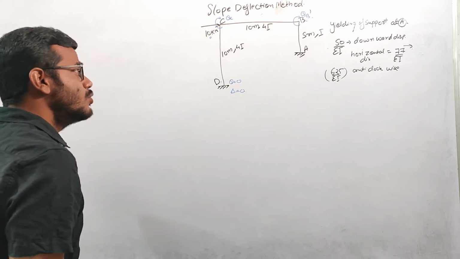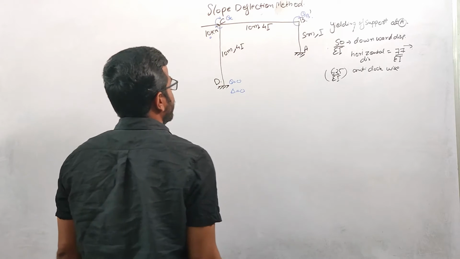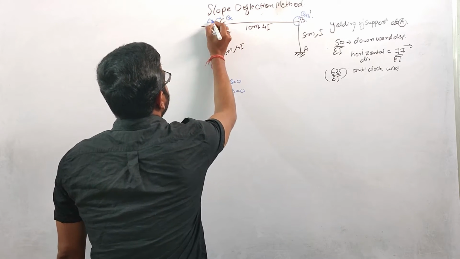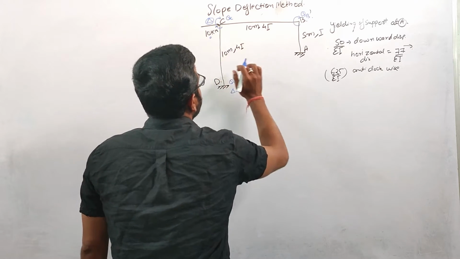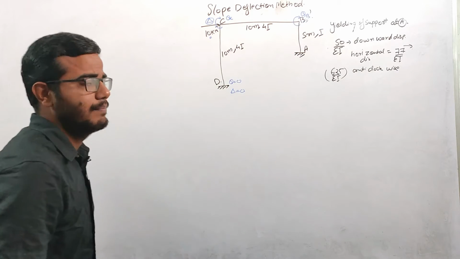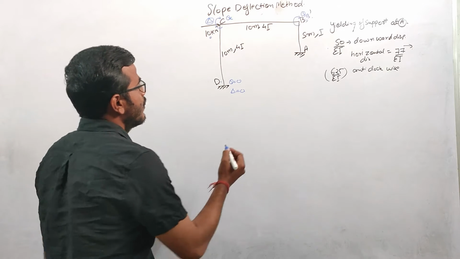And due to this lateral load, this frame will sway in the right direction. So there will be one more displacement at point C, and B also has some displacement, but this delta will be the same due to axial rigidity of this member CB.